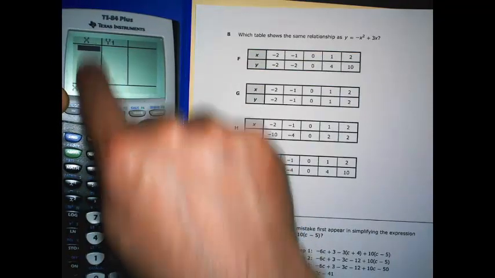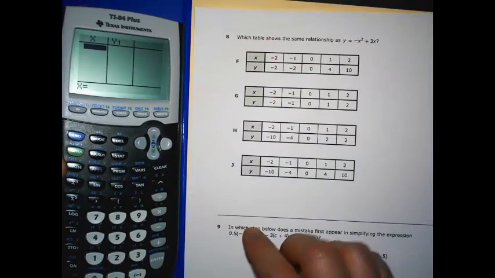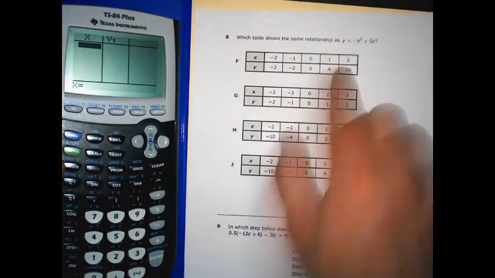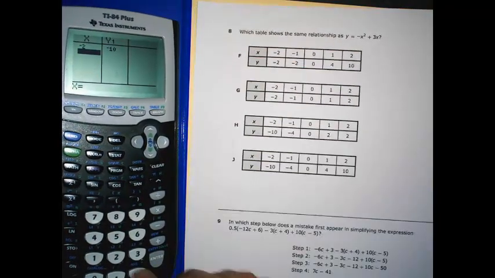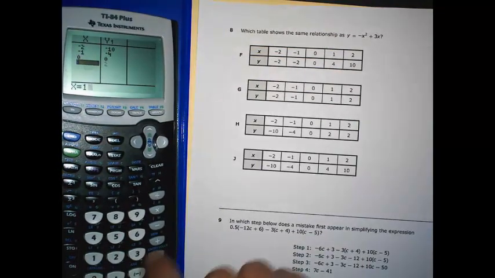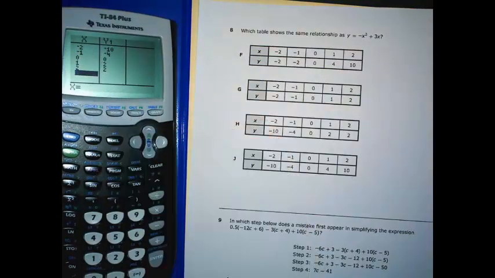If you notice here, this column is blank because the calculator is waiting for you to enter the x values. Well, where do I get the x values? Right there. Here are the x values. So let's enter them. Negative 2, enter. Negative 1, enter. 0, enter. 1, enter. And 2. So basically, I enter the x values for my x column.